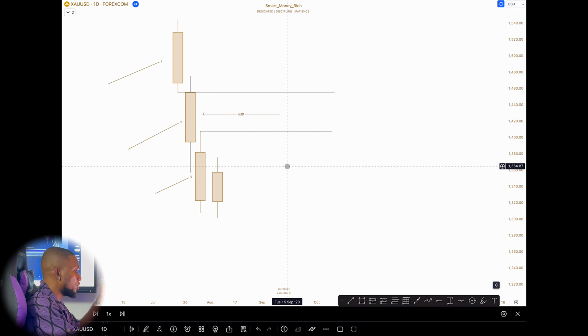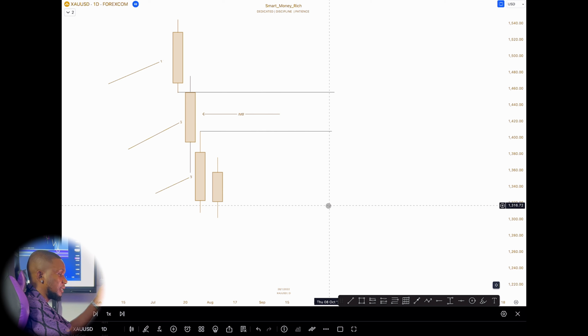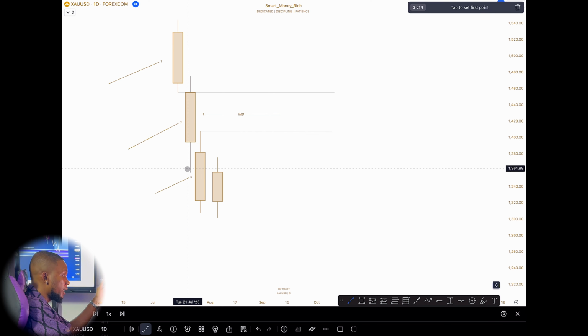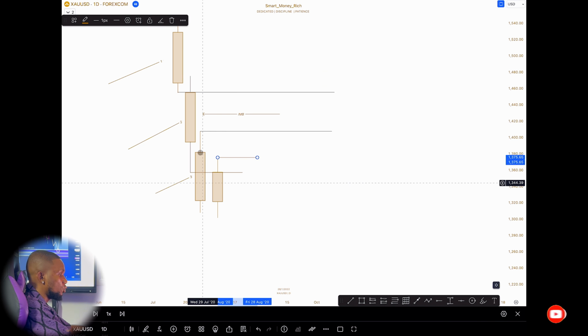So let's go. Now you see this for the efficient market, or for the price that has already been balanced, right? When we say the market has already been balanced, this is what I simply mean. You see this weak low right here and this weak high, they've actually tapped into themselves.